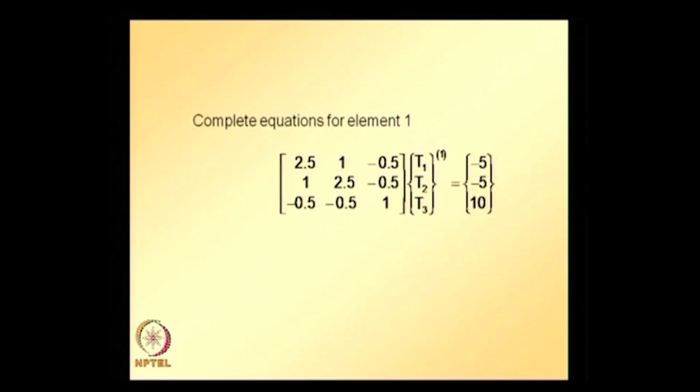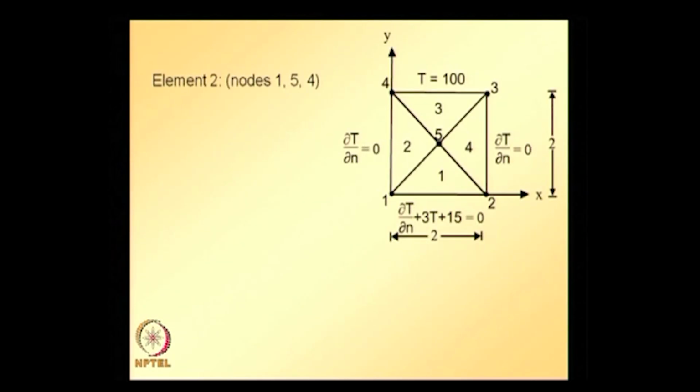So, a similar operation we can also repeat for other elements, element 2, element 3 and element 4, except that we need to keep a note carefully of the element connectivity and also the coordinates of nodes. So, for element 2 the details of the workout are shown here.